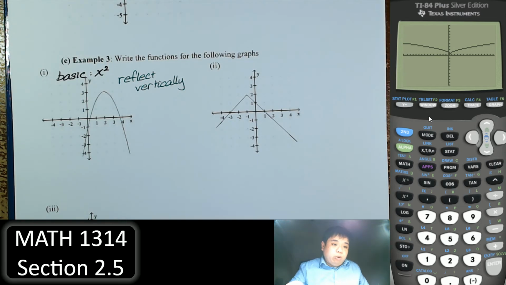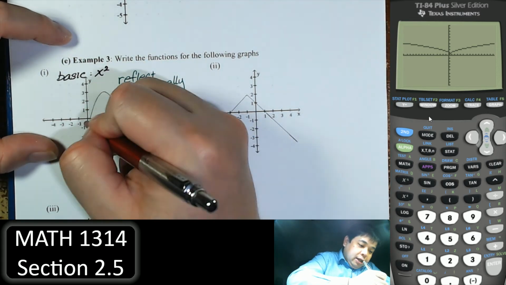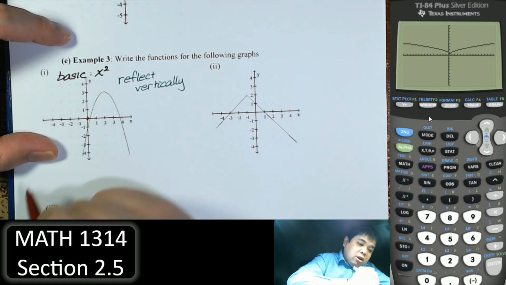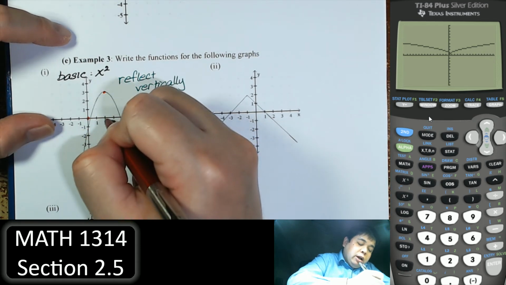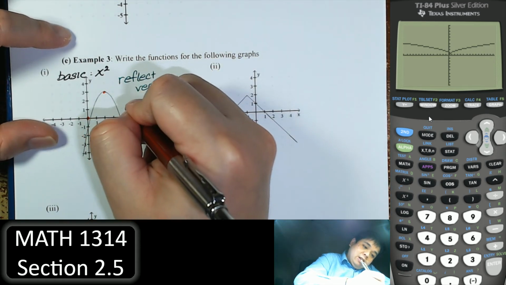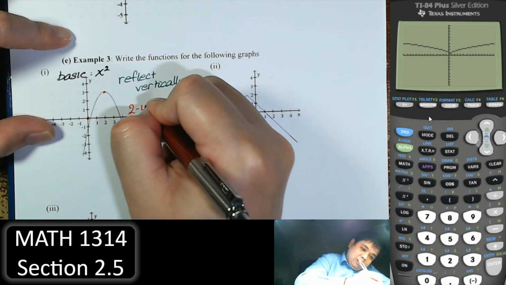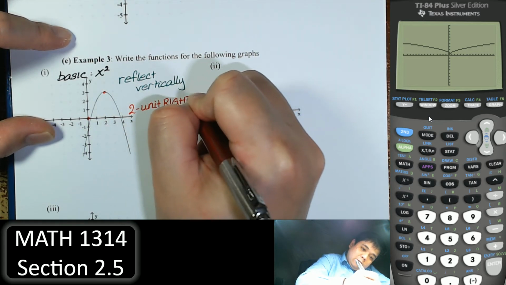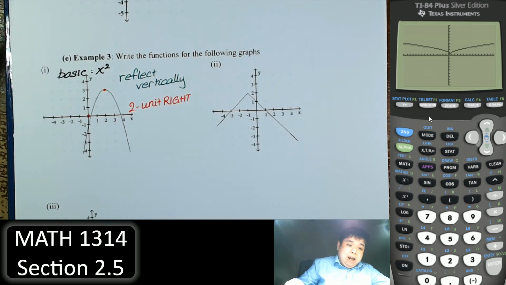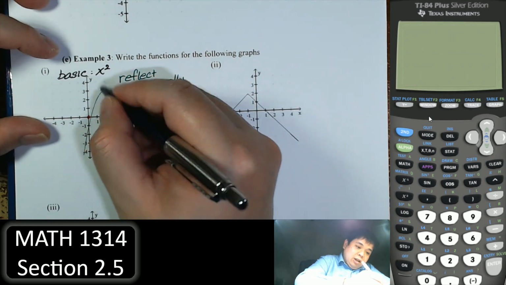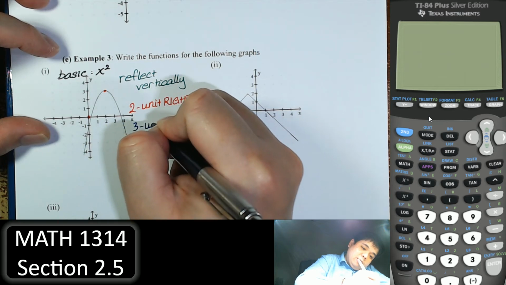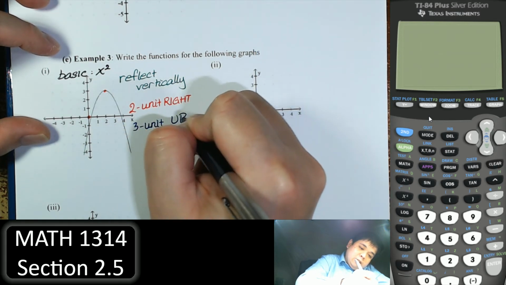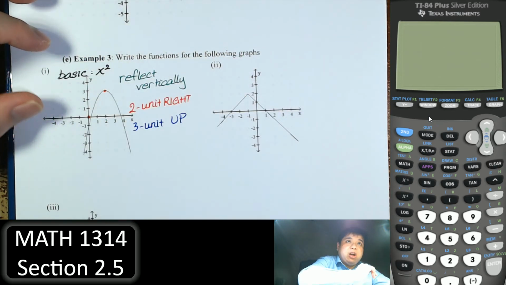And then we actually move the original 0, 0, the vertex here, 2 units to the right. And after that, 3 units up. So those are the transformations that we need.